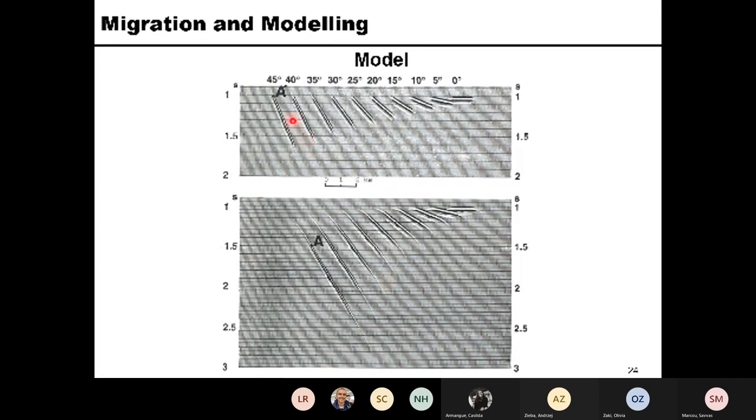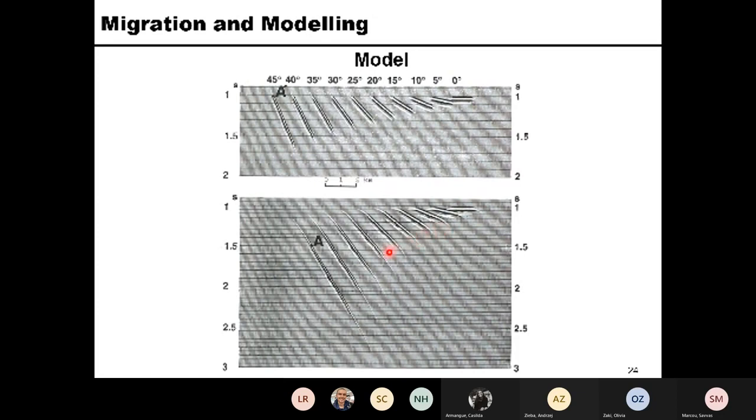Okay. So for examples here, we have 45 degrees, 40 degrees, 35, reduced by 5 degrees until 0. 0 is horizontal, right? So in your stack section, you have the length the same, but at the end here you have half of a diffraction, because the other half cancels, we'll see in detail, right?